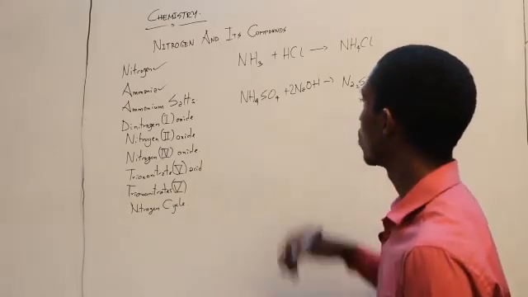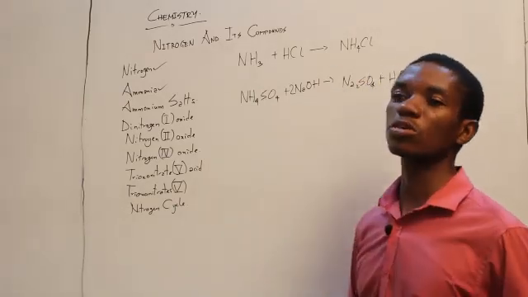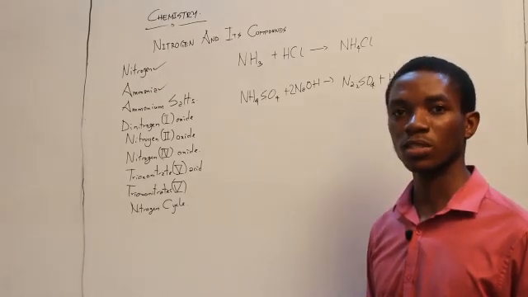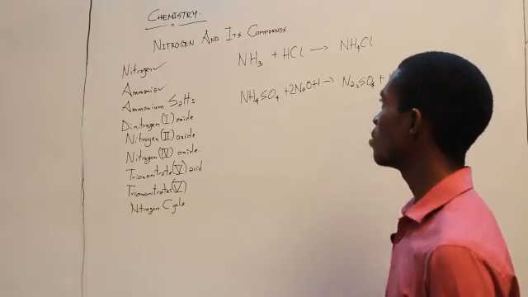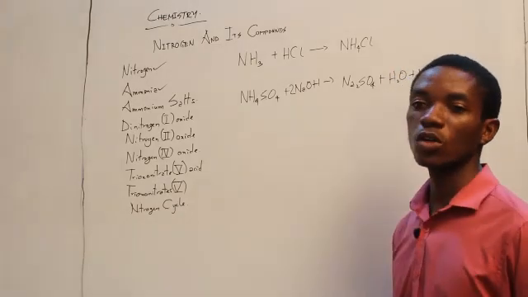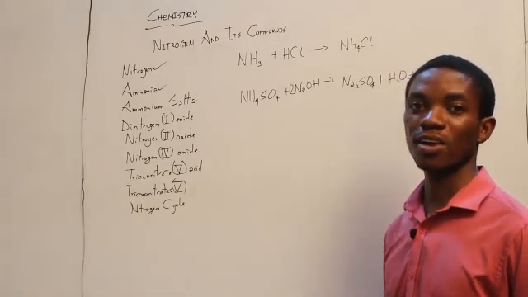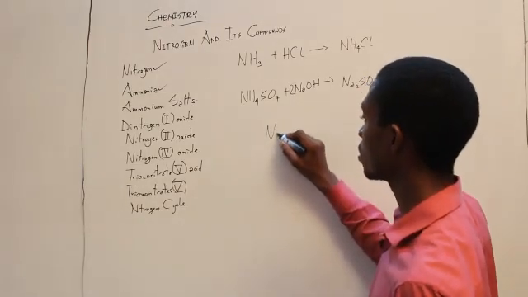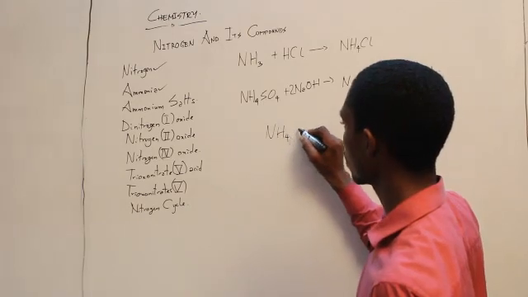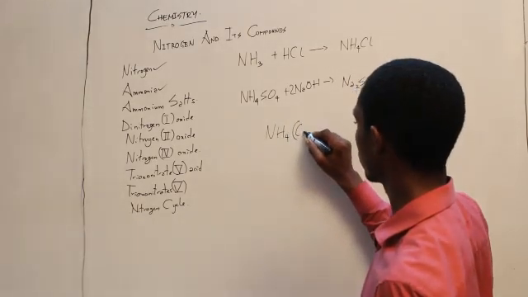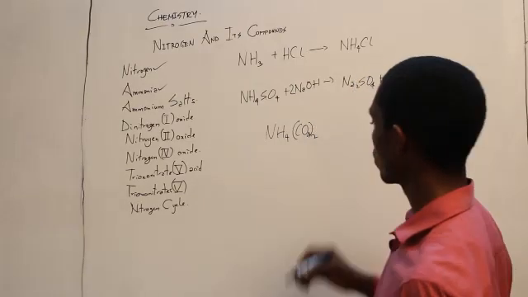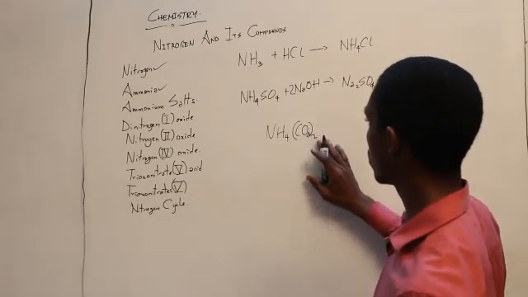Alright, so when they are produced, all the ammonium salts are soluble in water. Apart from being soluble in water, they are also not so stable. In fact, the most unstable one is the one made from the carbonates, the ammonium trioxocarbonates.